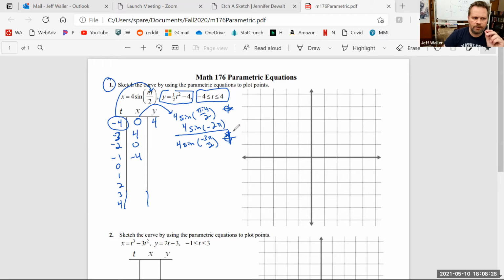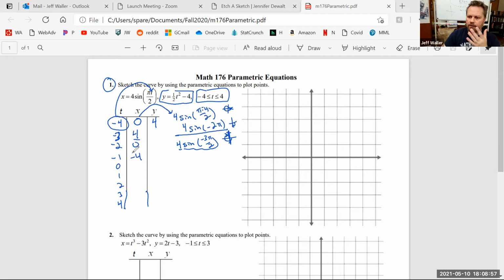It's +1. So +1 times 4 is 4. And then when I plug a -2 in, I get 4 sine -pi, which is 0 again. When I plug a -1 in, I get 4 times sine of -pi over 2. -pi over 2 is here. And that's why it's -4.